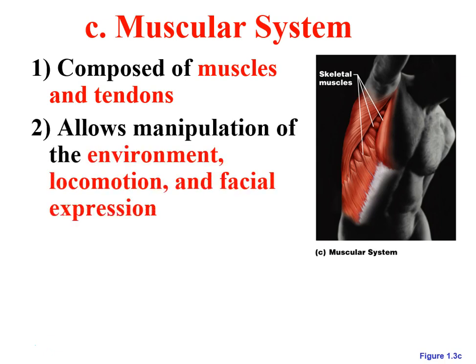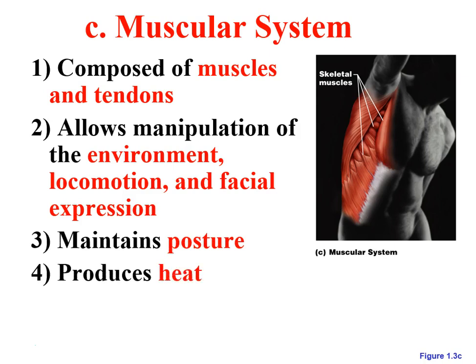What does the muscular system do? It allows manipulation of the environment, locomotion, movement, and facial expressions. It also maintains posture, and it produces heat. And heat is kind of a byproduct of muscle movement when ATP is used, but it does help us to maintain homeostasis and maintain the correct body temperature so that our enzymes can work.